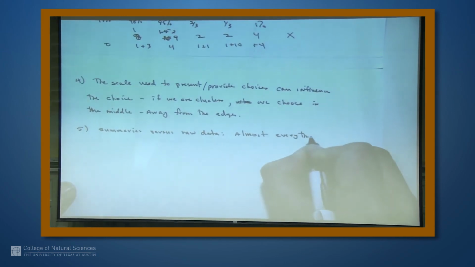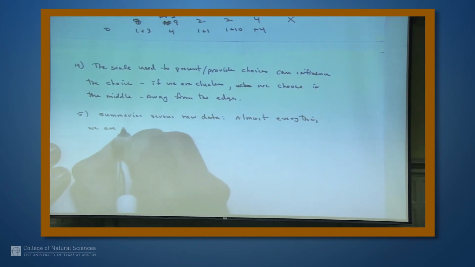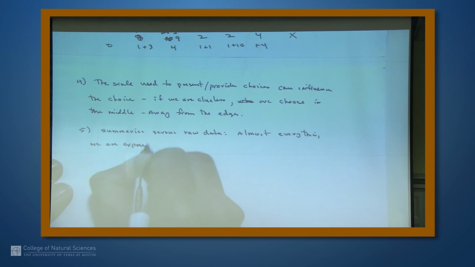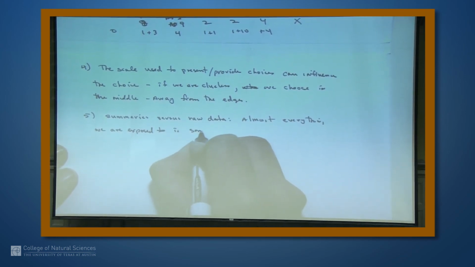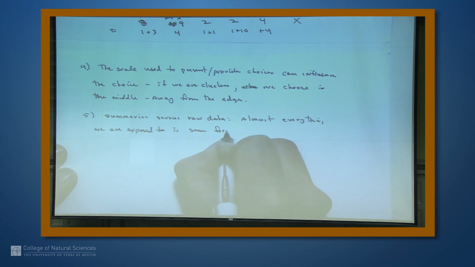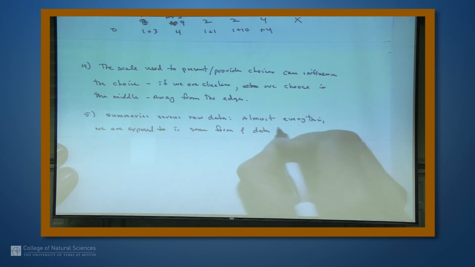So almost everything we are exposed to is some form of data summary.